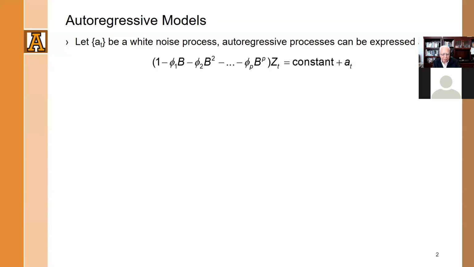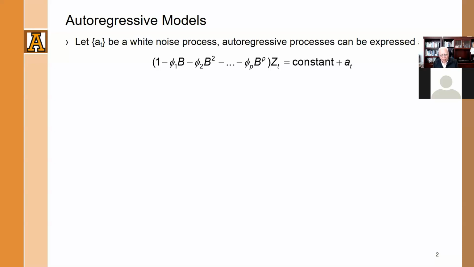that backshift equation: 1 minus phi 1 B minus phi 2 B squared, up to minus phi p B to the p. And again, all those operators apply to Z sub t.